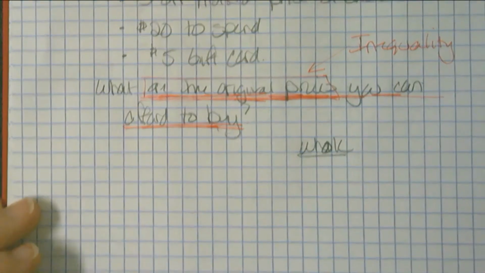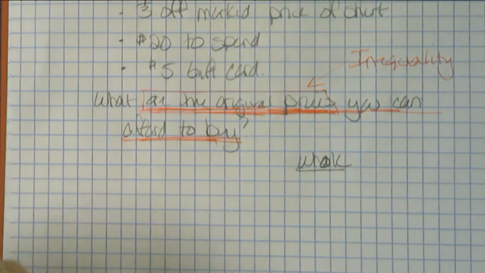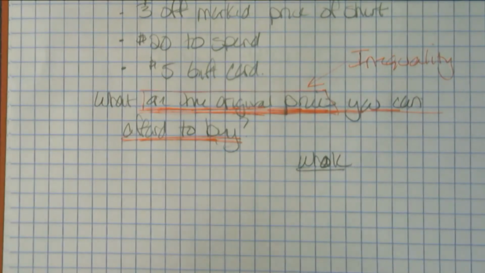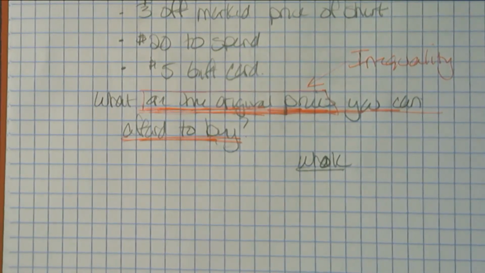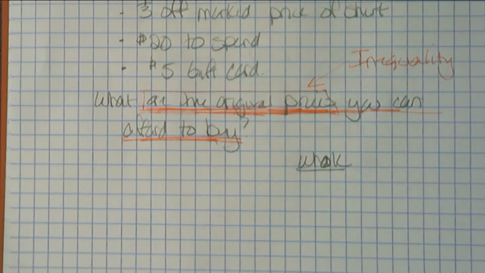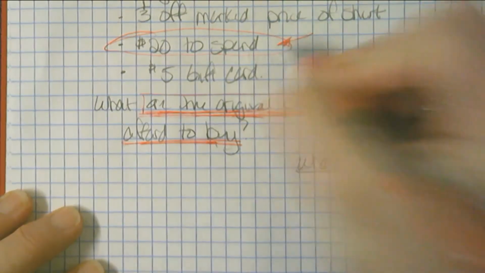Matthew, what's the maximum up there? What's the money you have to spend? How much money is in your pocket? Cameron? $20. This is how much you have to spend.